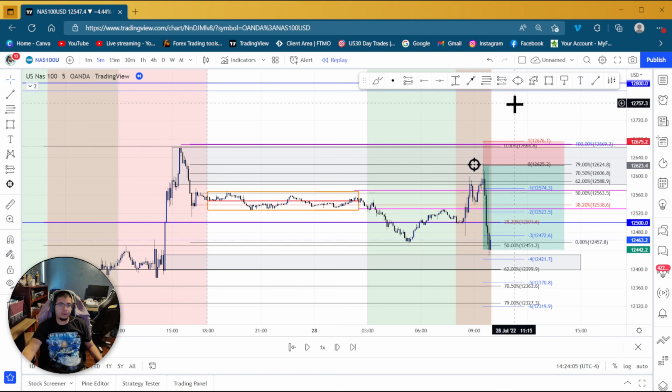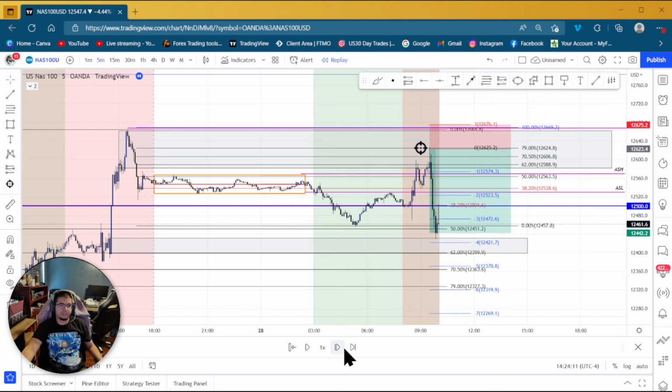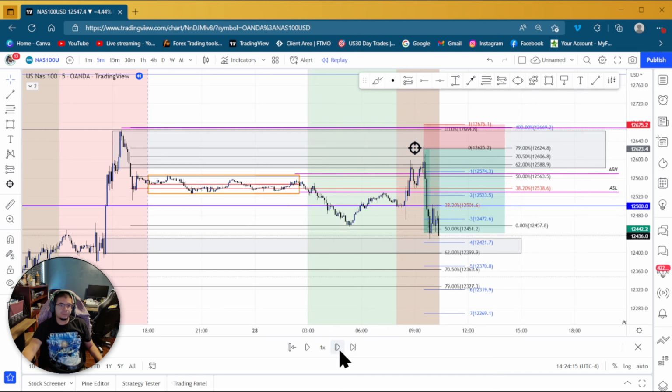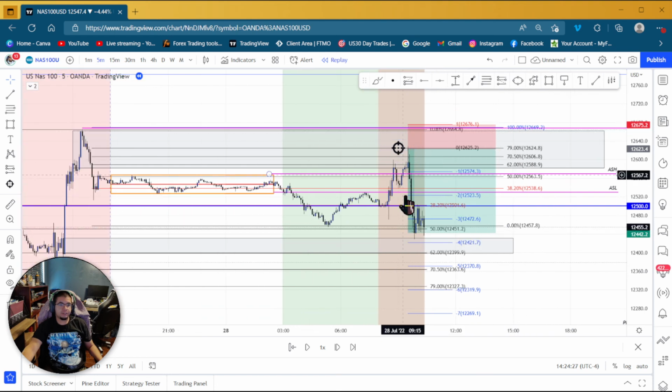I don't know how far it'll go, but this was an easy trade. I'm glad you guys got to see the back testing part of it, because we got in, we got out, everything's ranging now. We're just wasting time if you're still in this trade. If you didn't take your trade right here, that is what it is. The trade already took off.